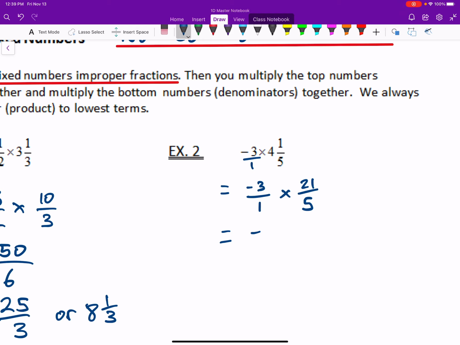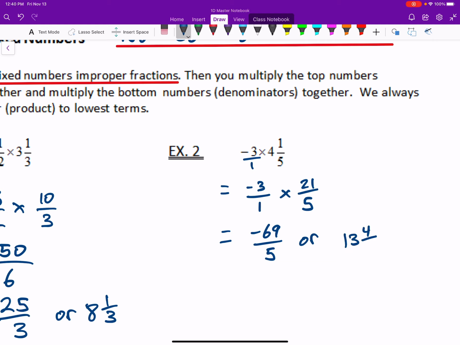Negative 3 times 21 is negative 69 over 5. And again, if I want to change it to a mixed number, 5 goes into 69 13 times with 4 left over.